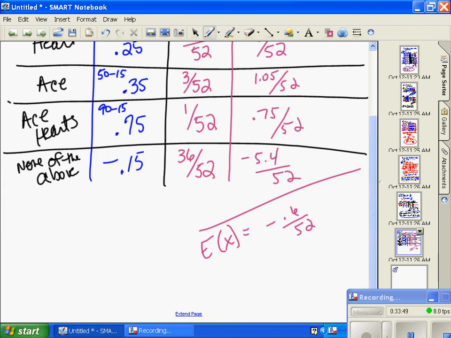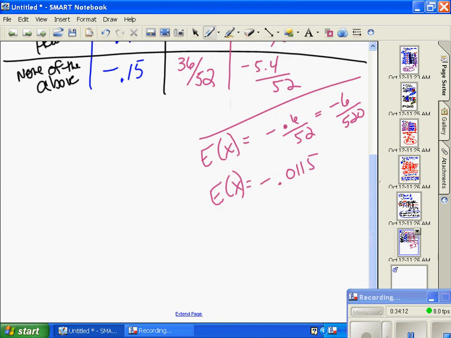We usually don't leave the decimals with fractions, so I'd probably write that as negative 6 over 520. And let's see what that decimal is. 6 divided by 520. On a test, you can leave it like that. Mine's rounding, so I get negative 0.0115 if I were to get a calculator out and figure that out.